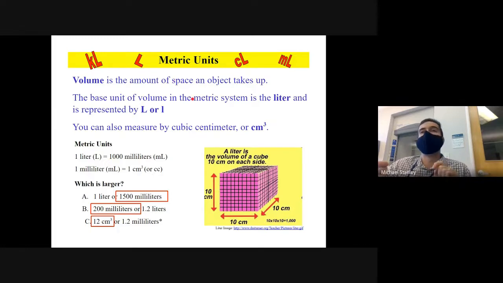So whether you're in America or Germany or Japan or South Africa, all scientists use this same standard unit of measurement. It makes things easier because converting between the different sizes is much easier than the American way.